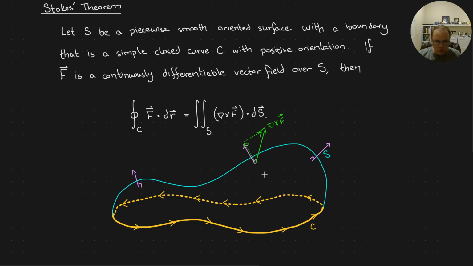I could break it into two components. This component here is the component of the curl in the direction of the normal vector, and that tells me the amount of circulation of the vector field that is tangent to the surface.